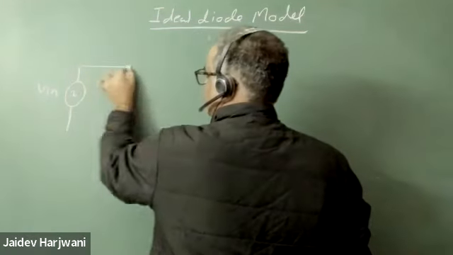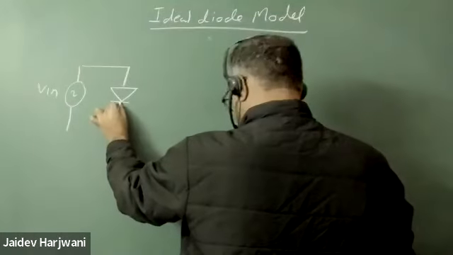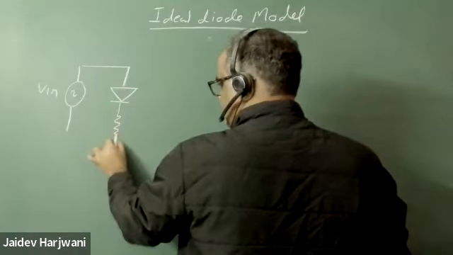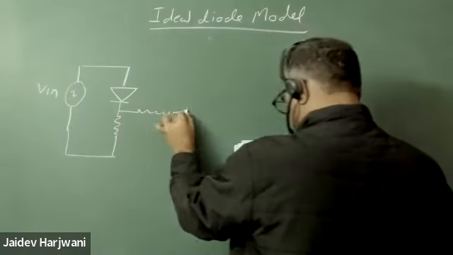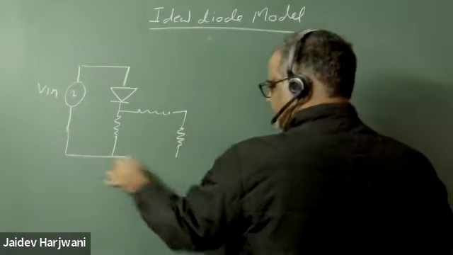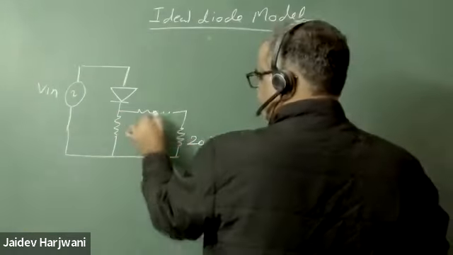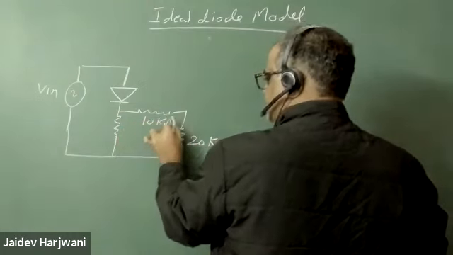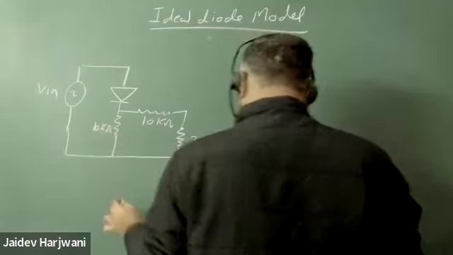Here we have a diode, and here we have one more resistance, and here we have a resistance of 20 kilo ohm, 10 kilo ohm, and 10 kilo ohm.